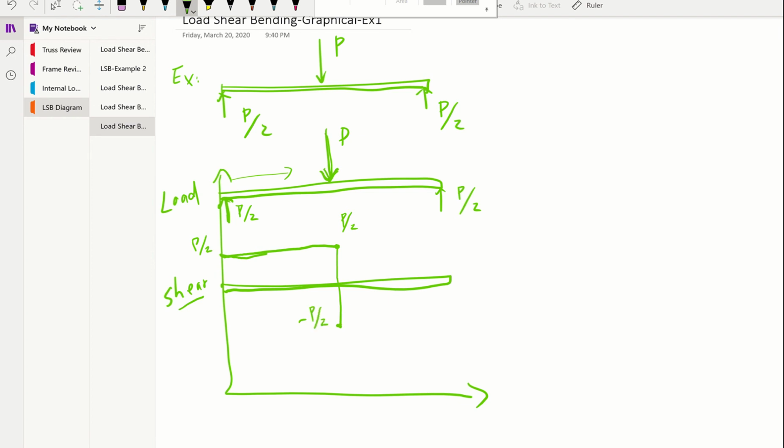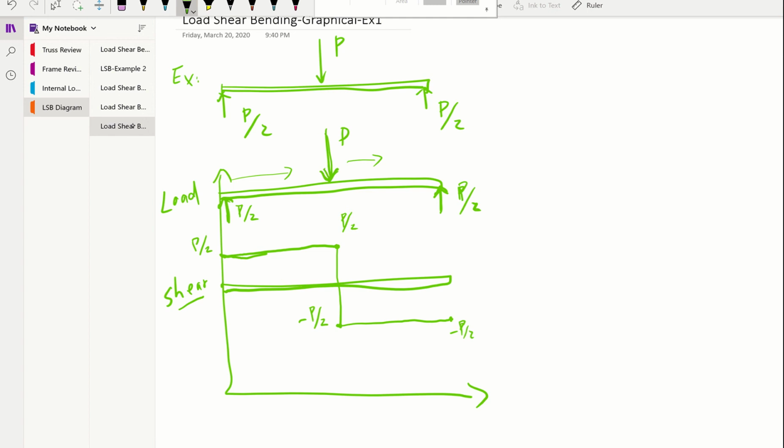Then we continue to go. There's no other force, so it's going to stay constant until we meet our third concentrated load. From negative P/2, we're going to jump in the same direction, upward. How much? P/2, this value.